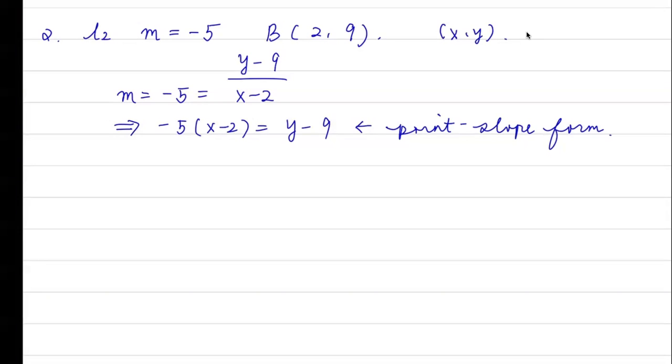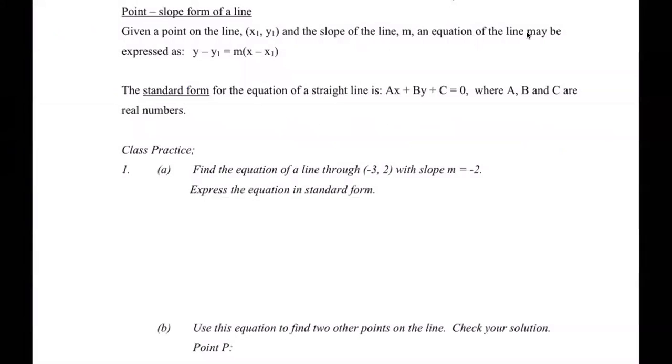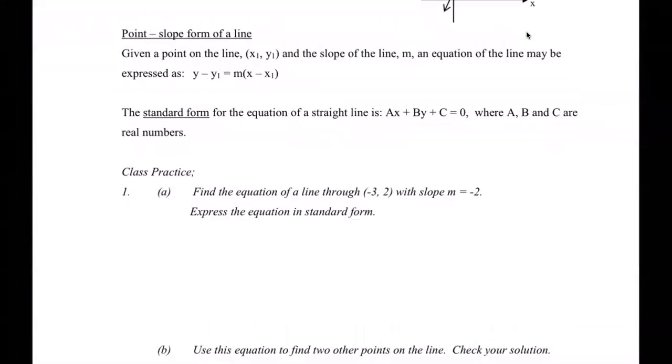All the questions like this are in the same pattern. So now I'm going to go back to our class notes and look at the class practice. Hopefully this time you will have a better understanding.